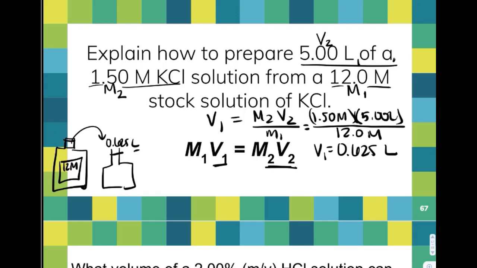So you have your 0.625 of your 12 molar, and then we're going to add water until we get to 5 liters. Now, our total new solution, we'll slap a label on it. We'll say 1.50. So that's kind of how you would explain that problem.